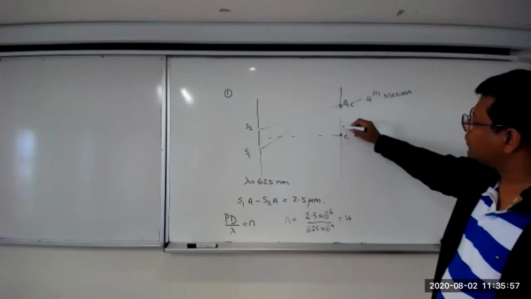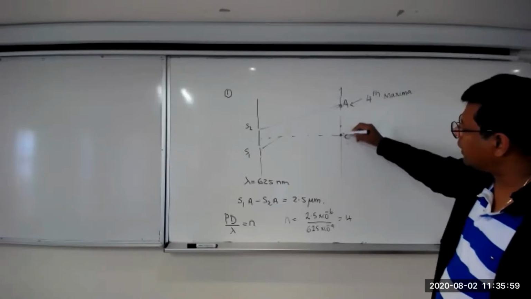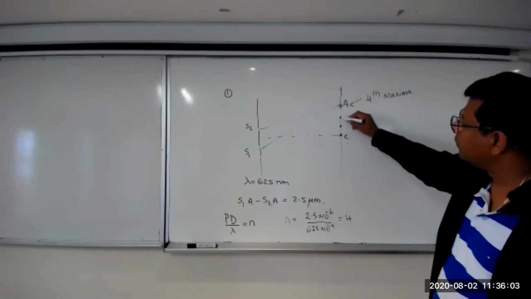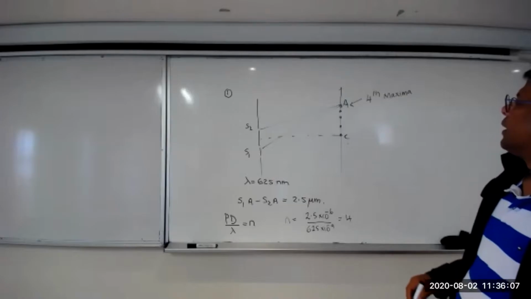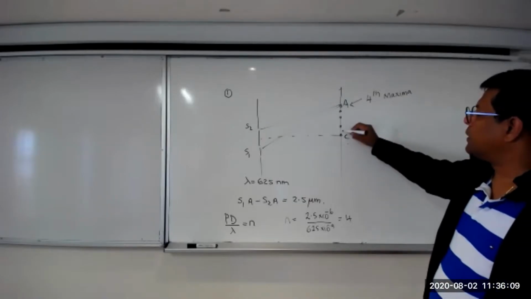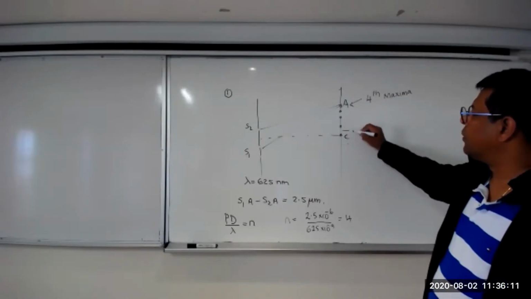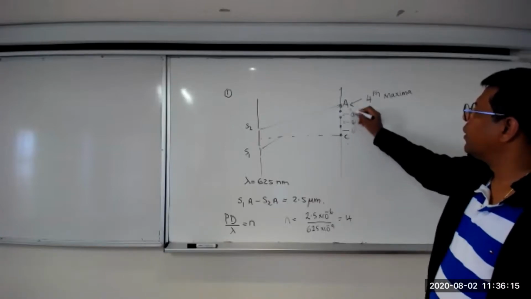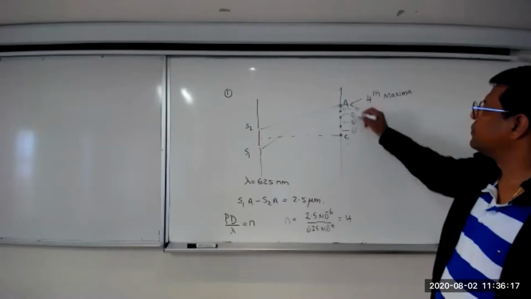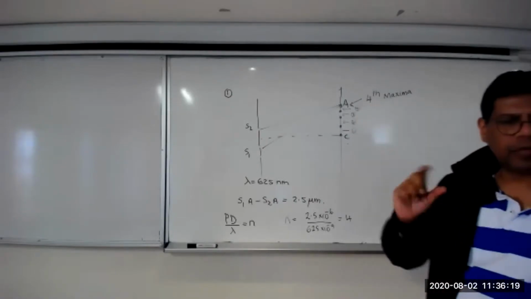That means you have to start counting from 1. You don't count the center one. 1, 2, 3. That's the 4th one. So that means you are passing 1, 2, 3, 4 dark bands. You pass 4 dark bands in between.